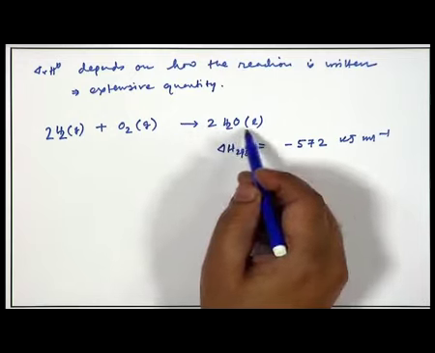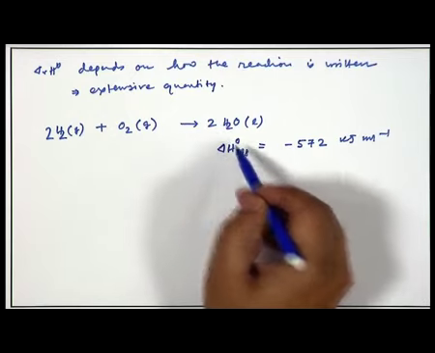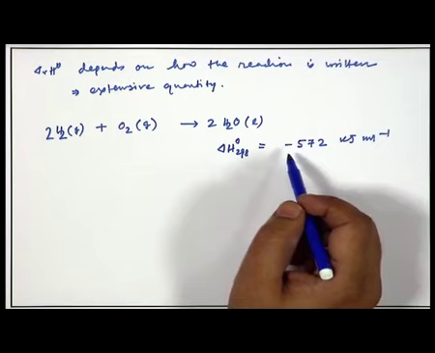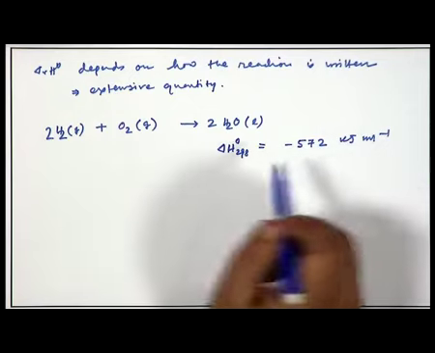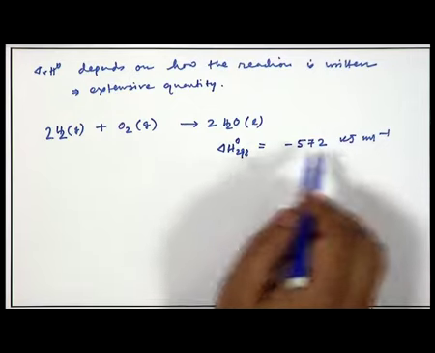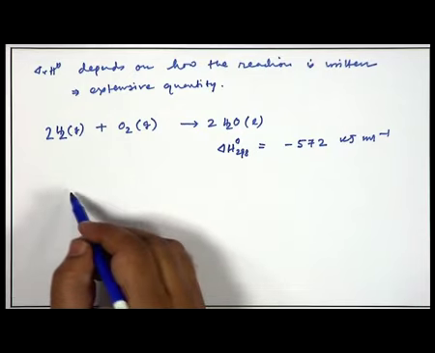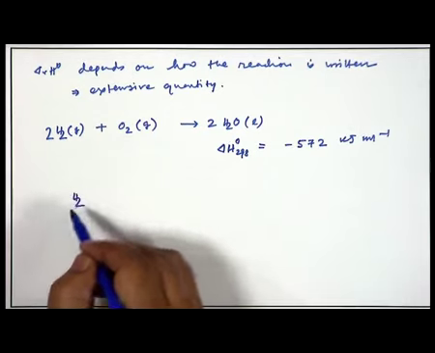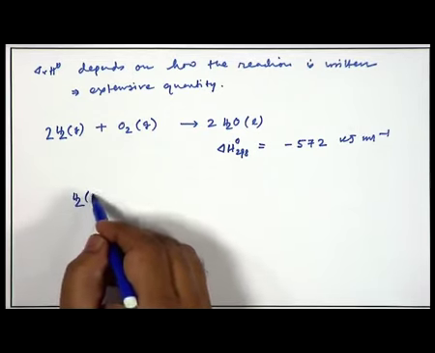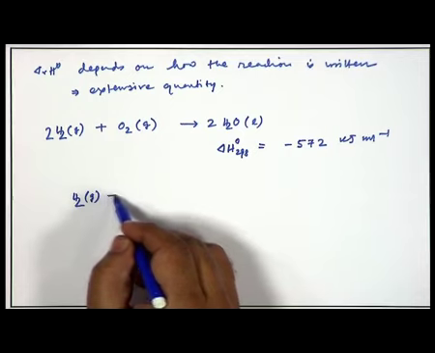which is at 1 bar and this particular temperature, then we can write this as the standard enthalpy of reaction. Now, if I write the same reaction, I can write it this way as well.